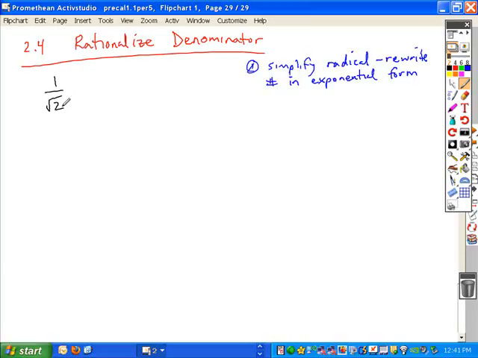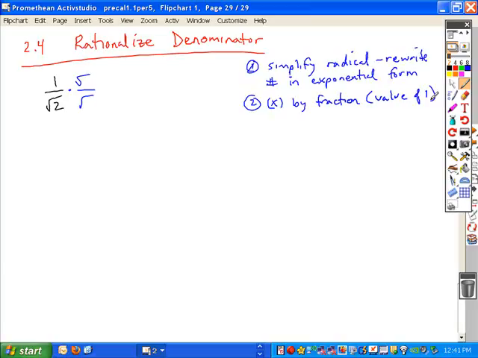Okay. The next thing you're going to do is you're going to multiply the top and bottom by the same index, same base. And notice this fraction that you're going to multiply by is going to have a value of 1. It's some number over itself.